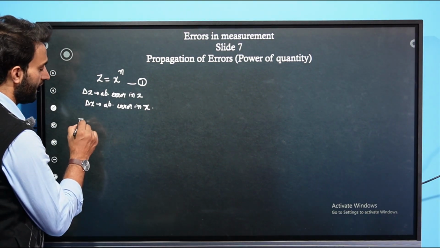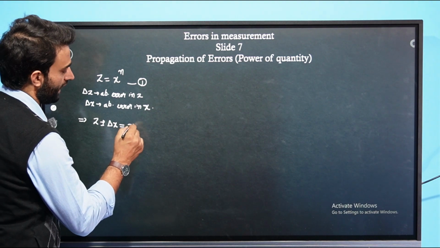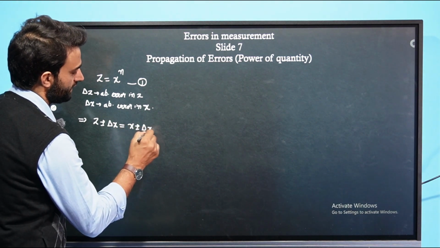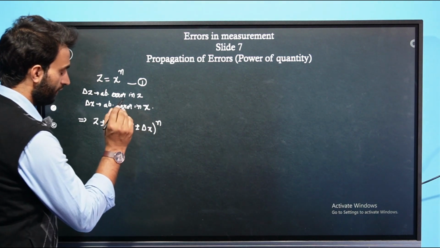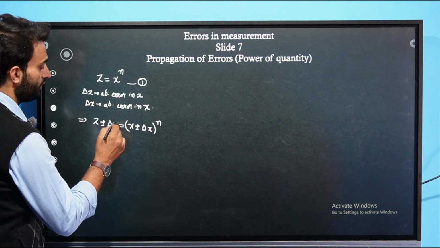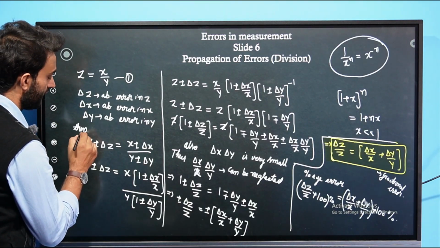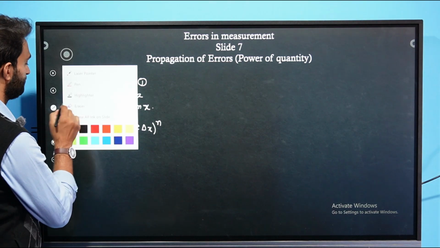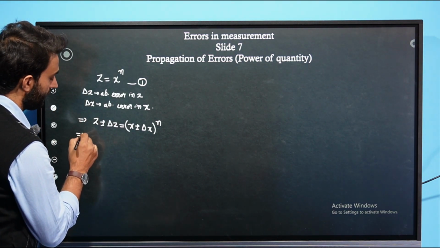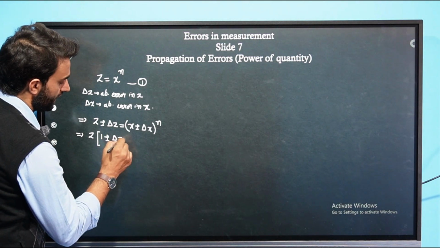Then can we write it as z plus minus delta z is equal to x plus minus delta x raised to power n. Now do one thing, this over here is z. So take z common from one side and x common from another. So we can write it as z times 1 plus minus delta z by z.